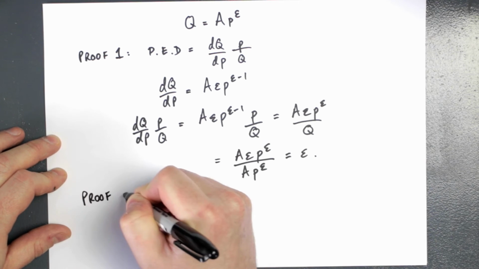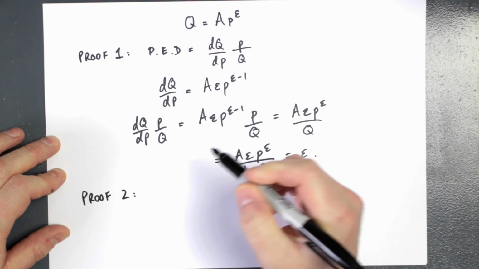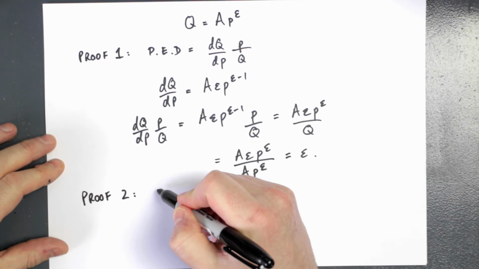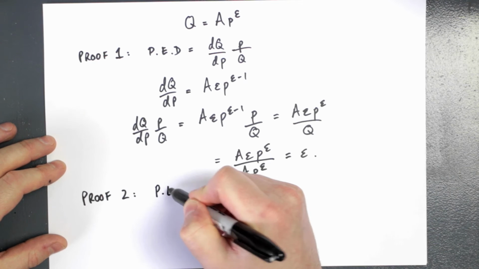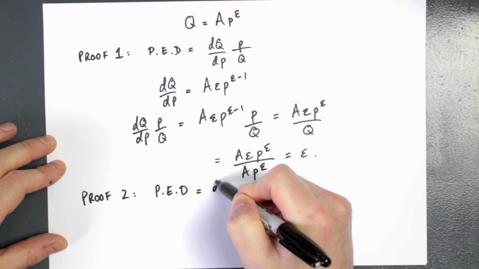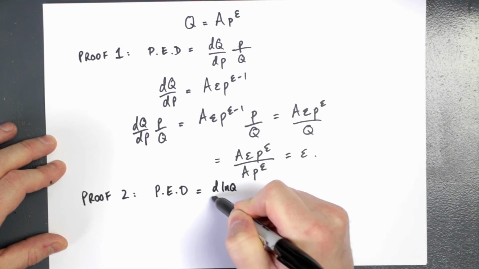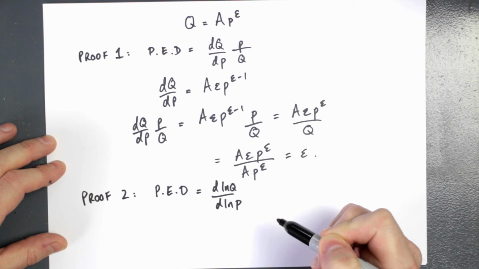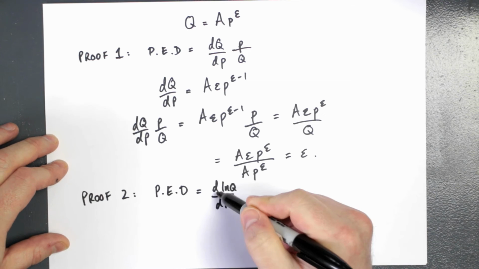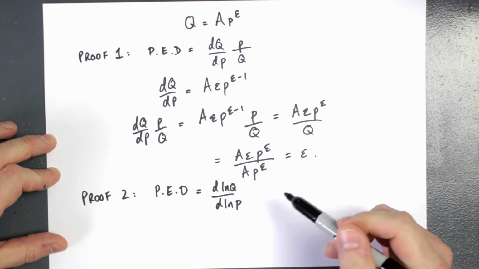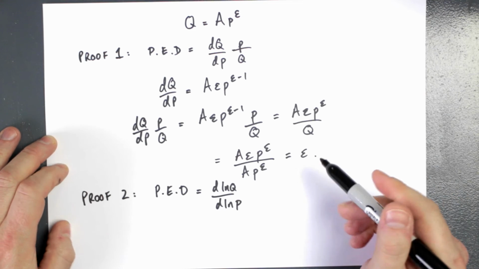where here we're going to capitalize on some work we did already. If you remember from earlier in the lecture, price elasticity of demand is also equal to the derivative of log of Q with respect to log of P. Okay? Now we've already proved that. We used partial differentiation notation, but here we have a single variable, so this is the appropriate formula.